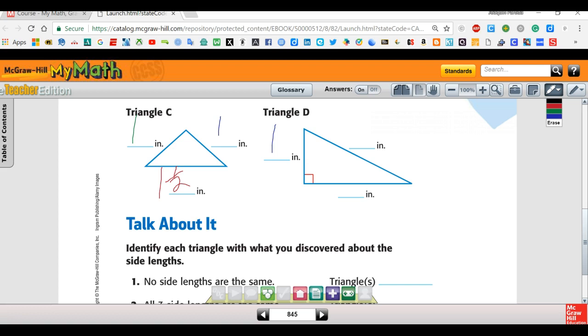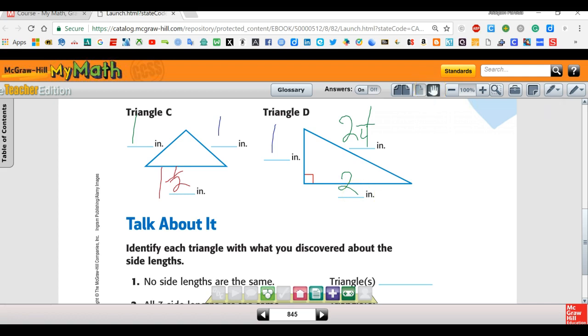Yep. So it's going to be 2, and then I'm going to do 1/4 as my fraction. Okay. And then the bottom one? 2 inches, roughly. Okay, 2 inches.